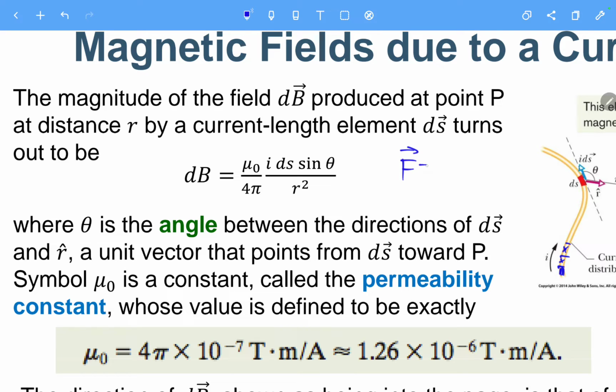Coulomb's force is F equals 1 over 4 pi epsilon naught times Q1 Q2 over r squared. Here we can see r squared, 4 pi, mu naught on the top, epsilon on the bottom, and we still have sine of theta here. Of course, it should be something like a cross product, but this is a scalar version, so slightly different.